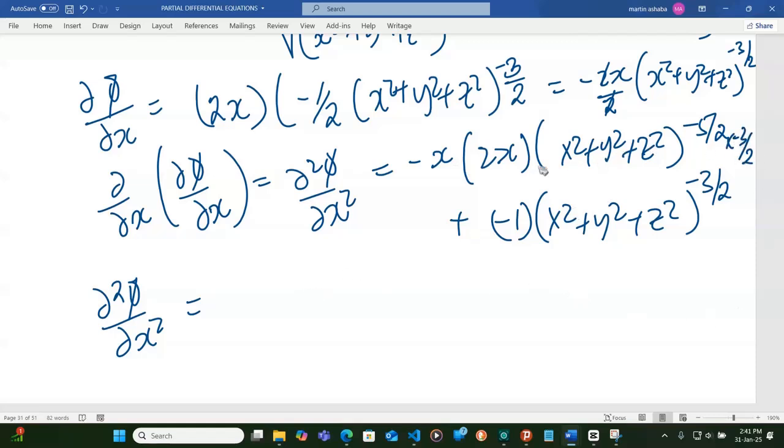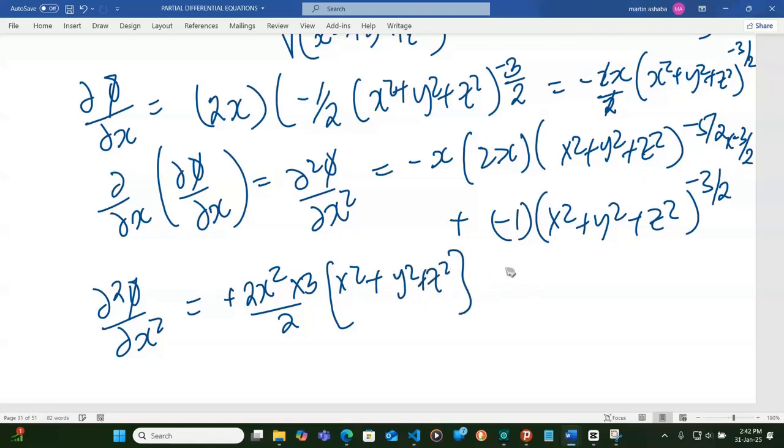So I will have negative 2x squared times 3, which becomes positive, divided by 2, times (x squared plus y squared plus z squared) to the power negative 5 out of 2. And then I add (x squared plus y squared plus z squared) to the power negative 3 out of 2.